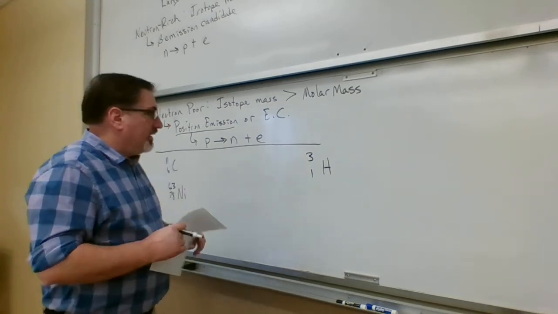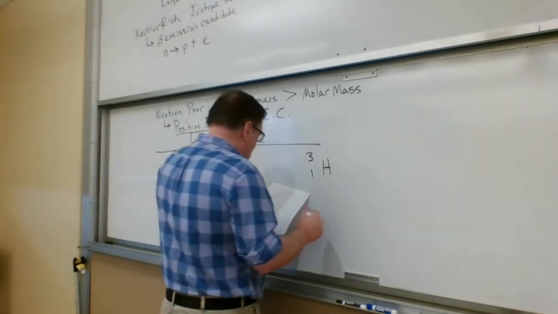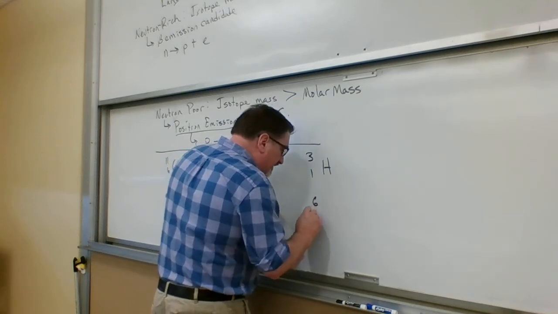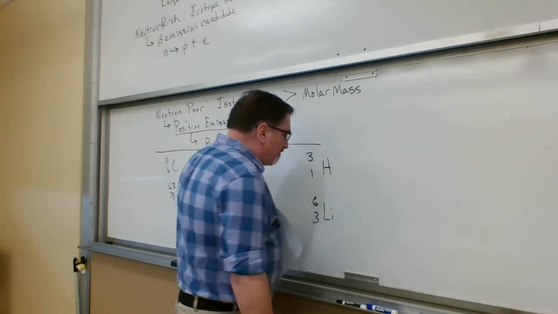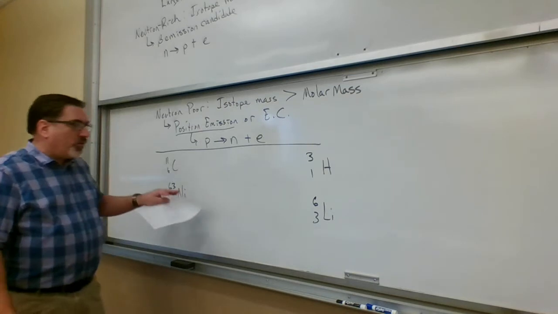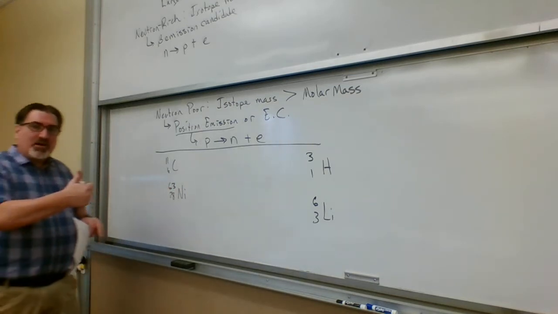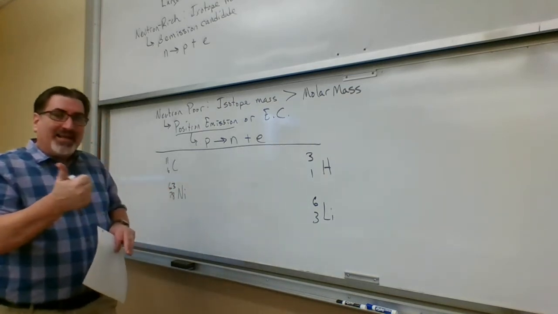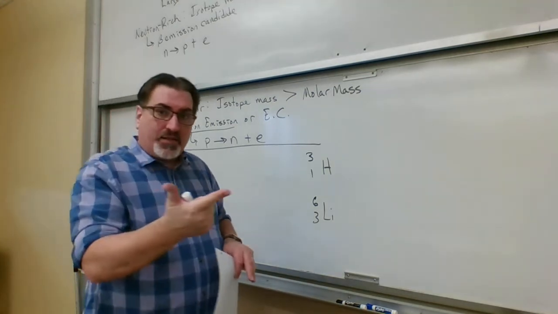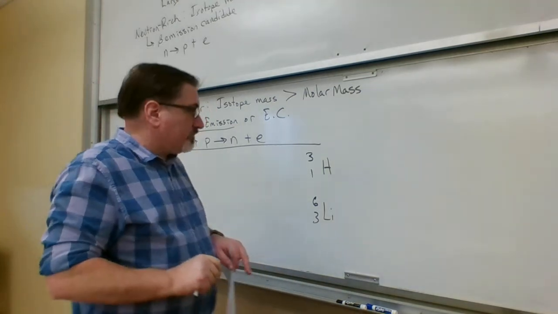Tritium is hydrogen-3. And we also have lithium-6. In each of these four, we're going to decide, is it neutron rich or poor, and then guess what kind of decay it's going to undergo because of that.